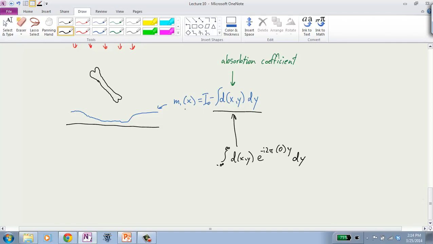What if we take the Fourier transform of our measurement? Let's take our measurement, M1, and look at this. Let's say M1 of fx equals the Fourier transform of our measurement, M1 of x. Okay, and we can write that out here.